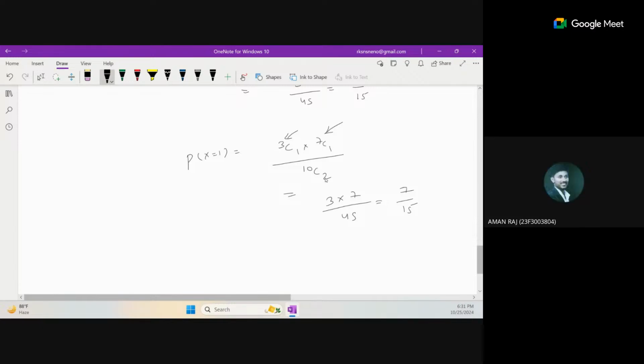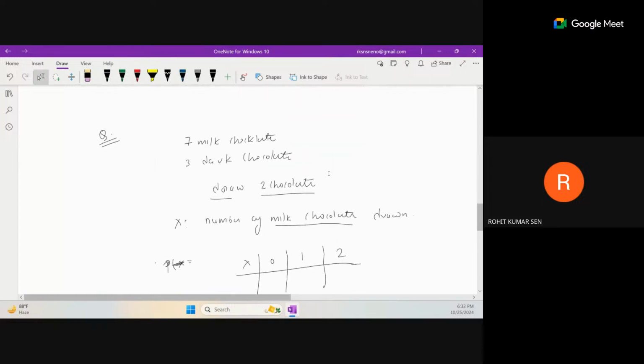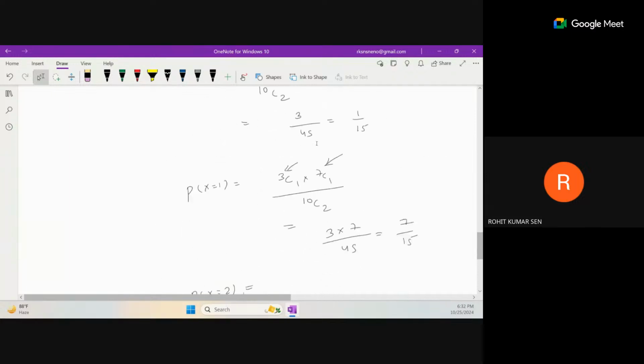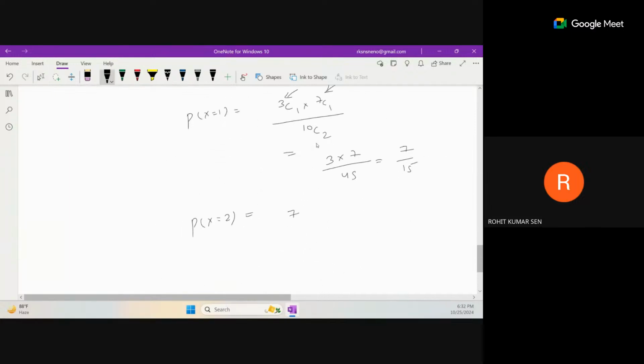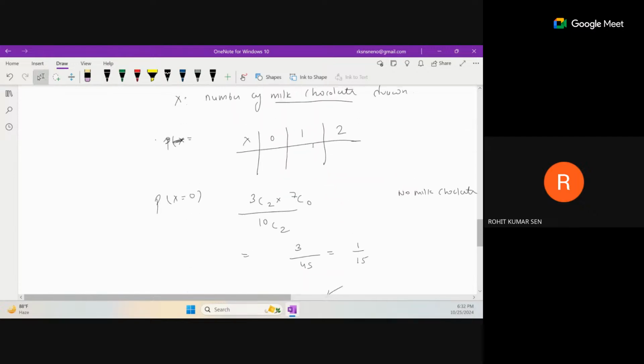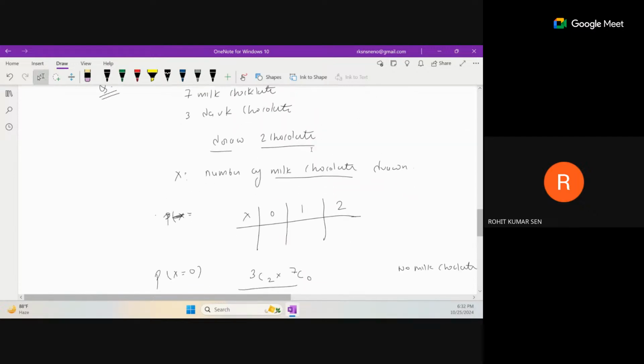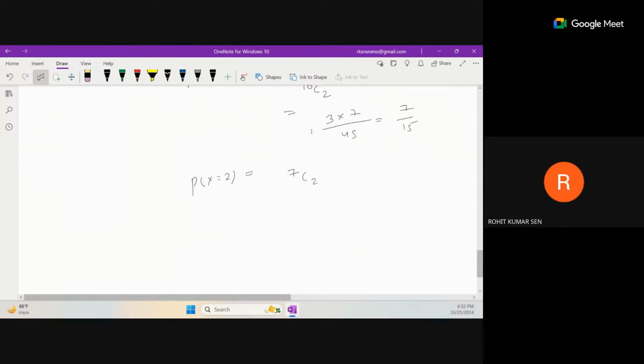In the same way, we will solve for the probability of x equal to 2, meaning 2 milk chocolates drawn this time. We have 7 milk chocolate and you have drawn 2, and 0 from dark.